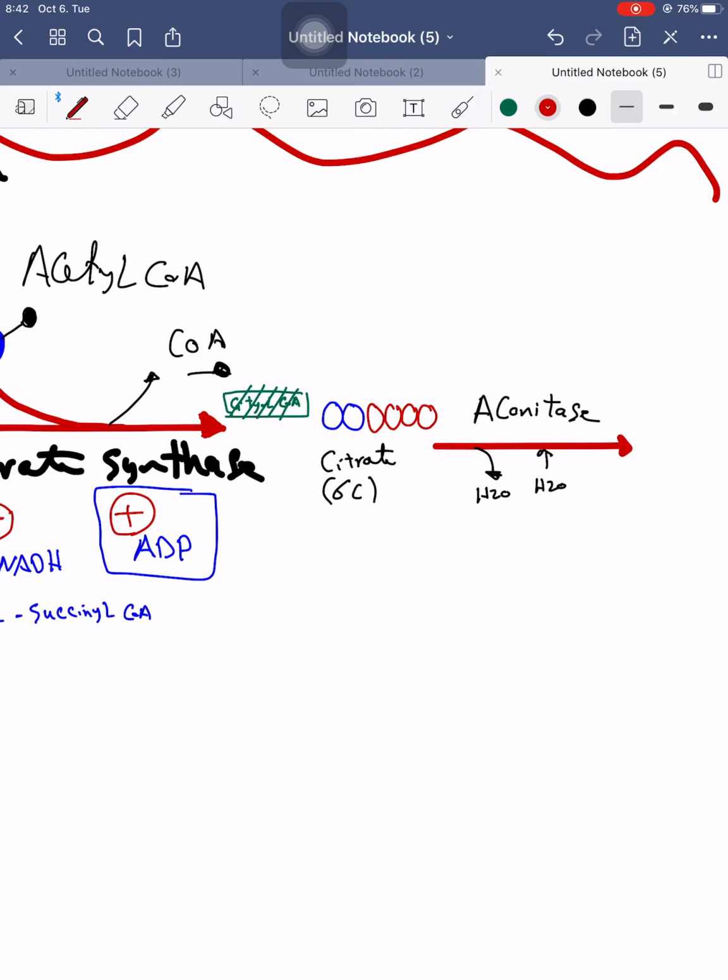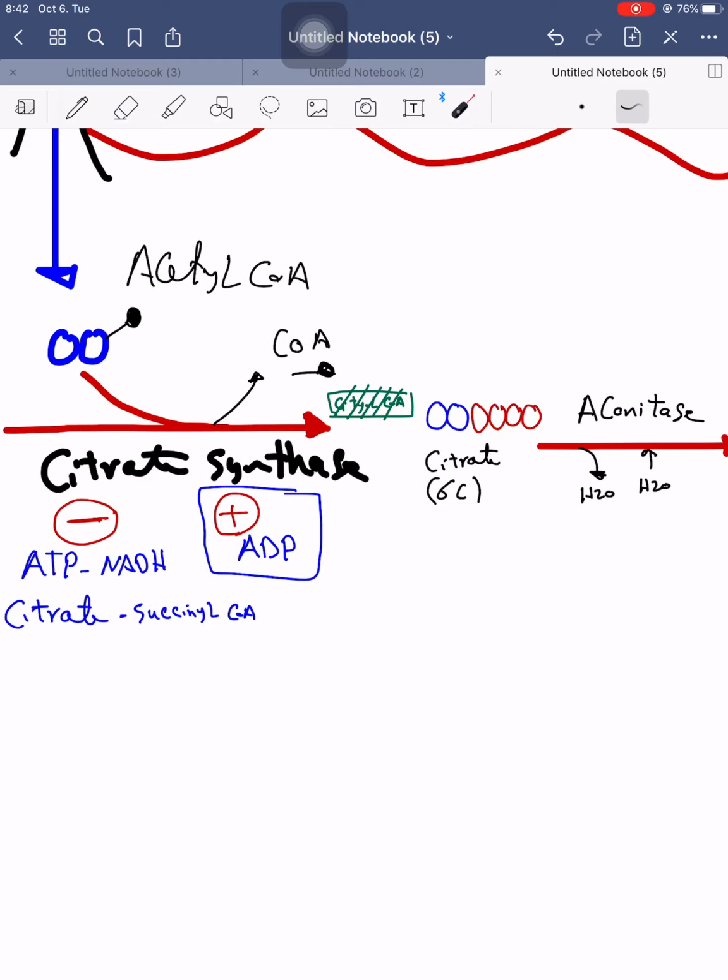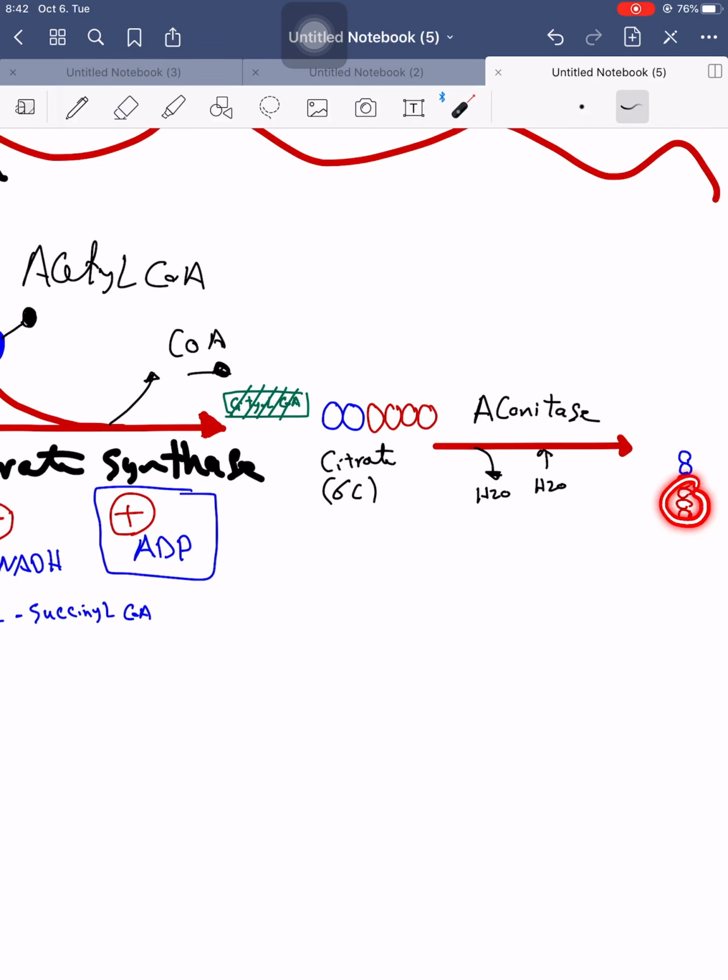Again, it is 1, 2, 3, 4, and just to use a different color to remind you, this blue one is the acetyl, and this red one is the oxaloacetate.